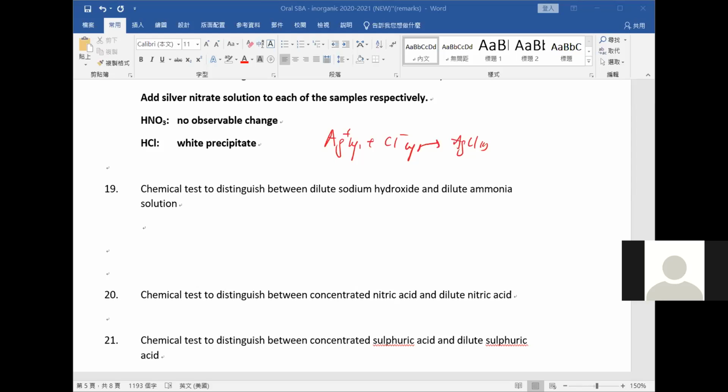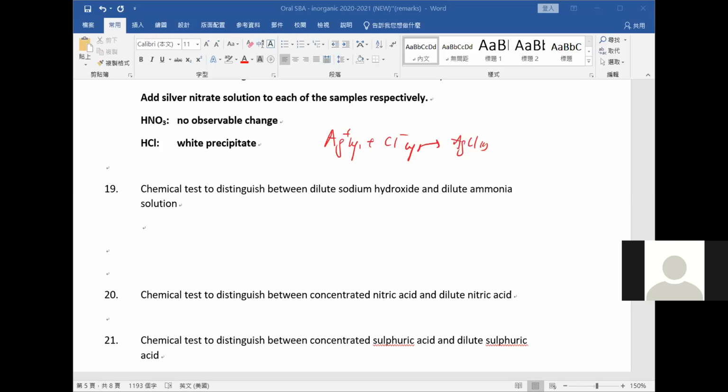NaOH blue, NH3 blue solution. You add copper. Copper, you mean copper metal? So once I put a piece of copper metal into the alkaline, what is the reaction? Copper nitrate. What copper nitrate solution is it? Copper 2? You mean copper 2?